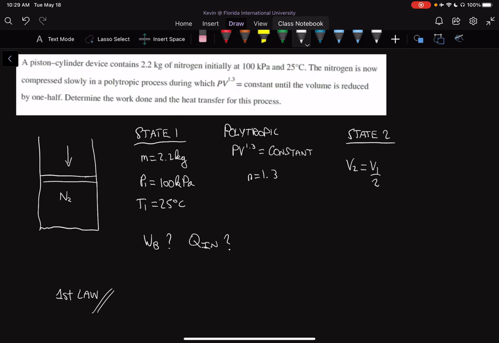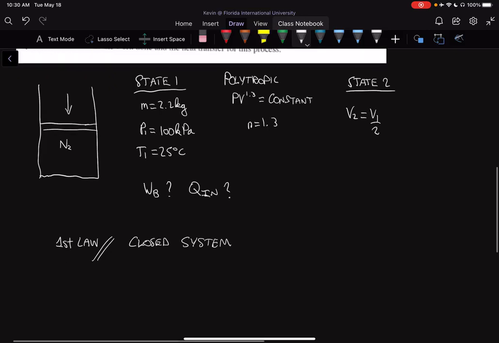So the first law for a closed system, with control mass, so mass does not change, is equal to the following. We have Q in minus work out, which is our work boundary, is equal to delta U plus delta kinetic energy plus delta potential energy.